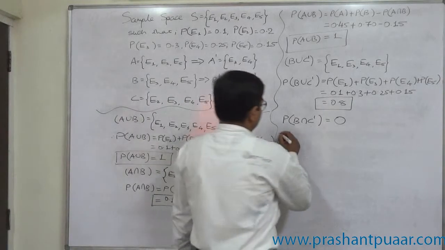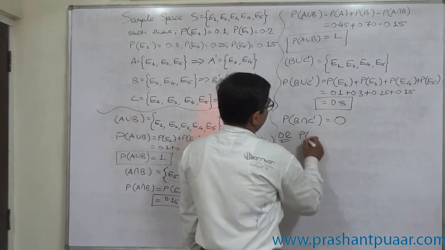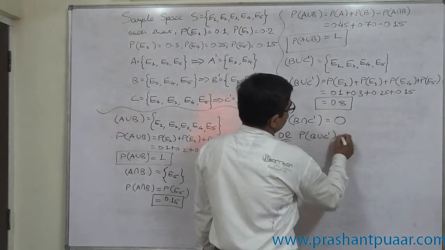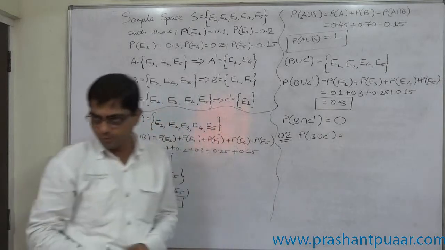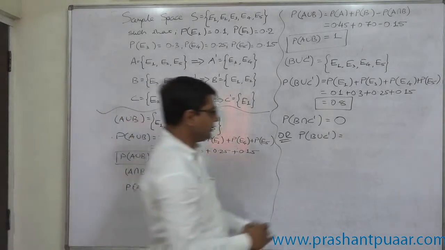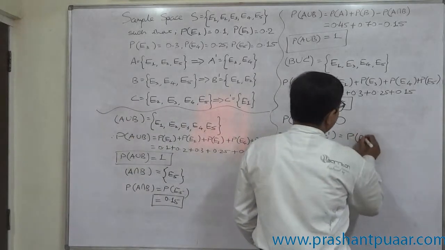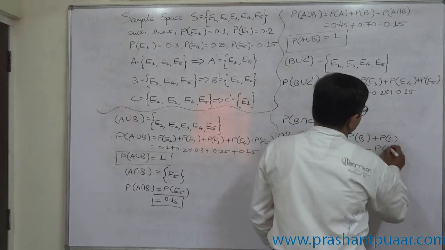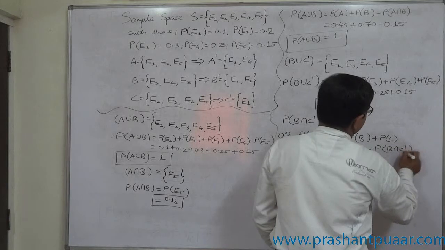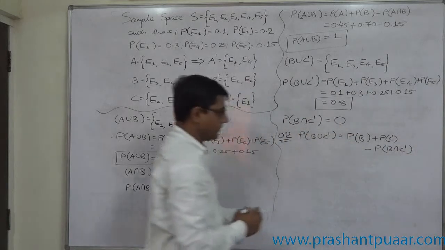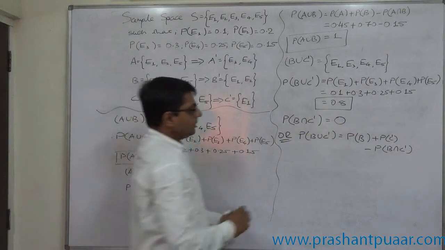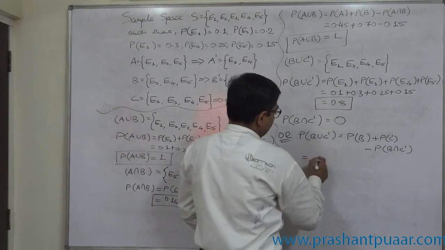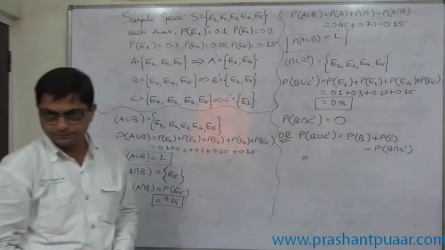Let us check. P of B union C complement should be, according to the general law of addition of probabilities, P of B plus P of C complement minus P of B intersection C complement. Check our list. What is P of B?